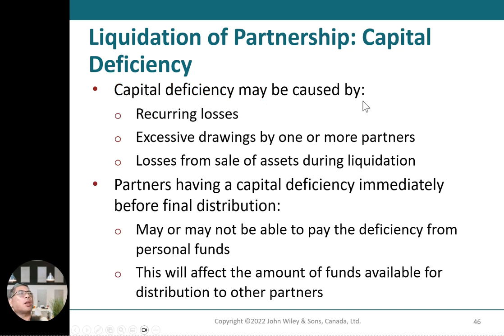Capital deficiency may be caused by recurring losses, excessive drawing by one or more partners, losses from sale of assets during liquidations. Partners having capital deficiency immediately before finalization may or may not be able to pay deficiency from personal funds. This will affect the amount of funds available for distribution to other partners.